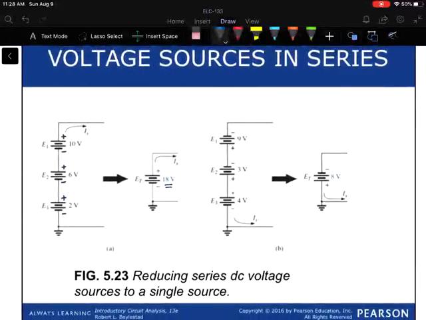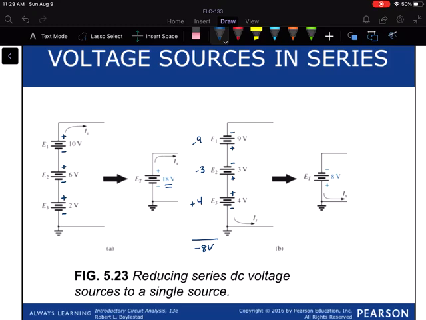In the second example, notice that we have minus to plus for the 4, so I would say that's a plus 4. Then plus to minus for the 3 going in that upward direction, so that's in the opposite direction, so I'm going to call that a minus. And then plus to minus 9, so I'm going to subtract that one as well. And when we add those together, we actually get a minus 8 volts.